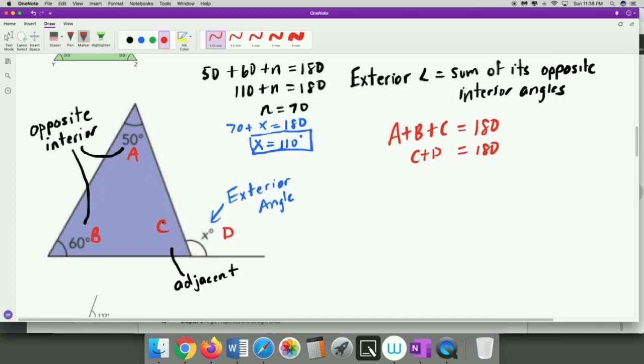So since this and that both equal 180, I can write A plus B plus C is equal to C plus D. Since this side equals 180 and this side equals 180, they're equal to one another. And I could cancel these C's out. So I'm left with A plus B is equal to D. So A plus B, opposite interior, is equal to D, the exterior.